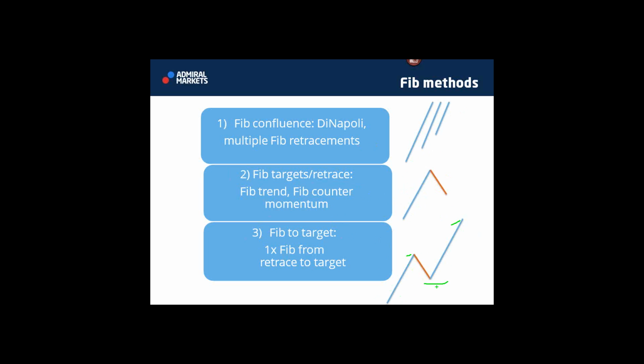The third one is fibbing from retracement to target and only using one. Here we're using two fibs, one with the trend, one counter trend, to gain confluence. And with DiNapoli, we're using anywhere from 1 to, I guess, 5 fibs, but in the same direction.